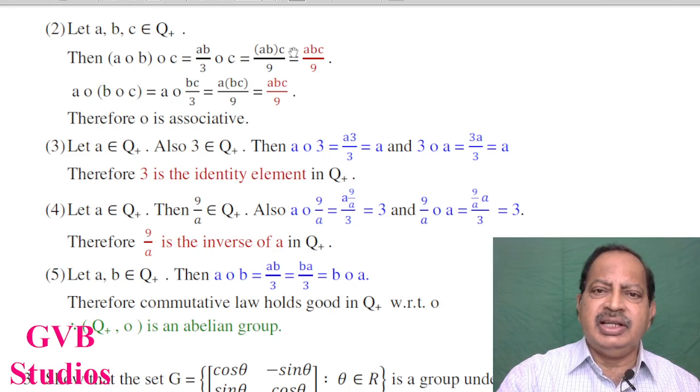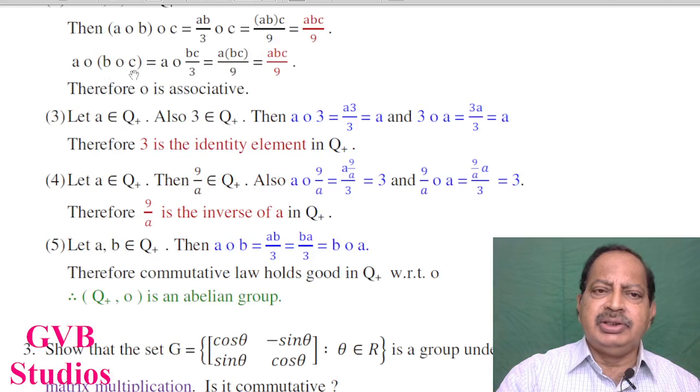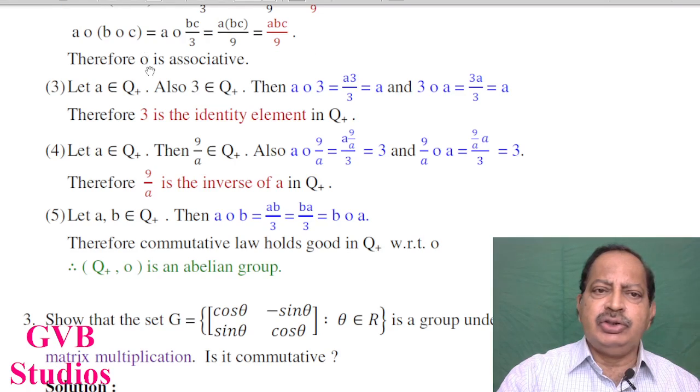And on the right side, A circle, B circle C is equal to A circle BC by 3, which is equal to A into BC by 9. And this gives ABC by 9. These two are equal. Therefore, I will say associative law holds good. Therefore, circle is associative in the set Q plus.